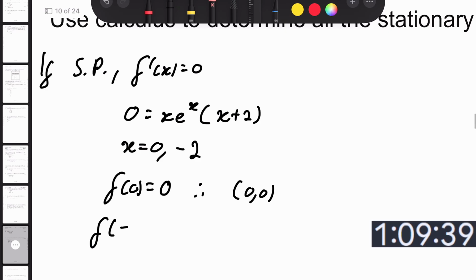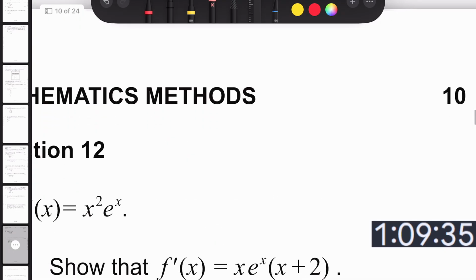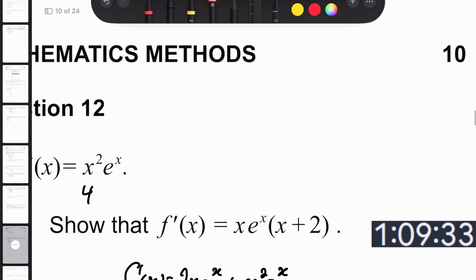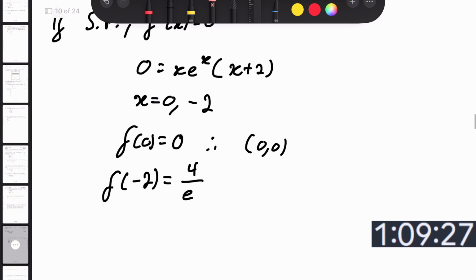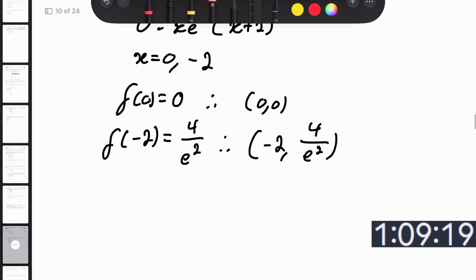And f of negative 2 is 4 times e to the negative 2, so 4 on e squared.